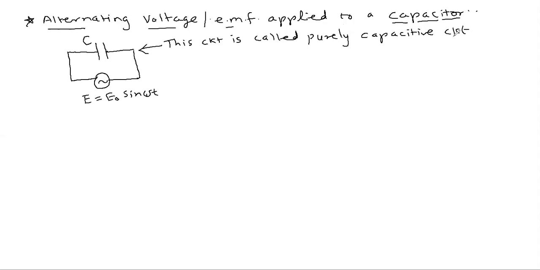That you can see in this diagram also. Here the alternating EMF we have applied across this capacitor, that is E is equal to E naught sine of omega t.